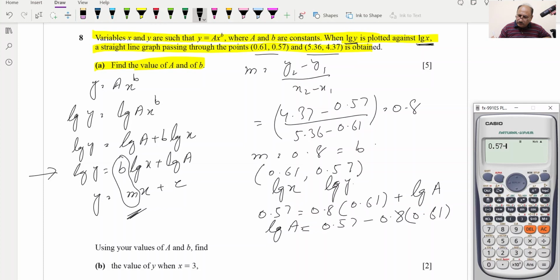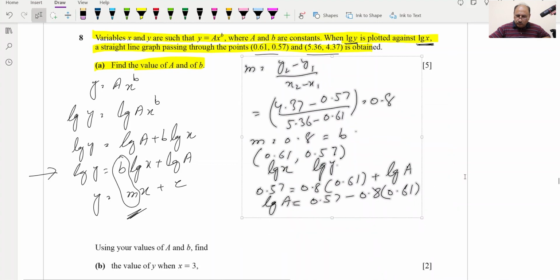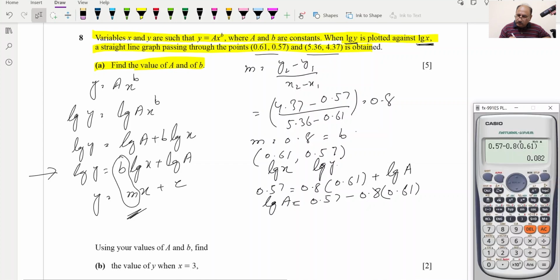0.57 minus 0.8 into 0.61, and this will be equal to 0.082. So if we reduce the size to accommodate our answer, it will be 0.082.